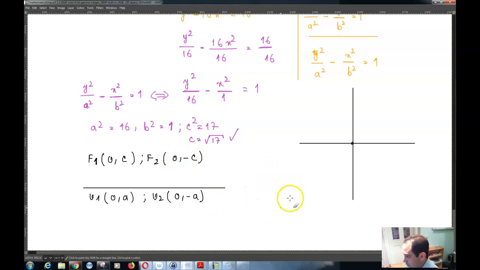Your eccentricity is the same thing as you would do if you had the other form of the equation, meaning that E is equal to C to A, which is the square root of 17 to 4, since A is equal to 4 and B is equal to 1. So C divided by A is the square root of 17 to 4.